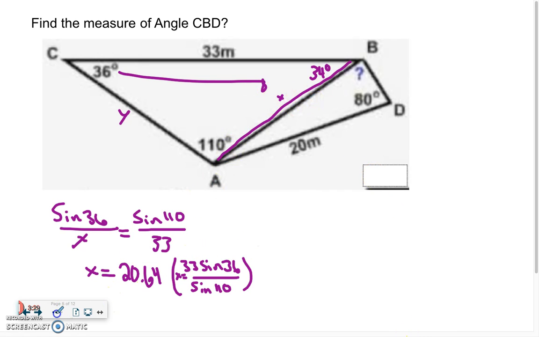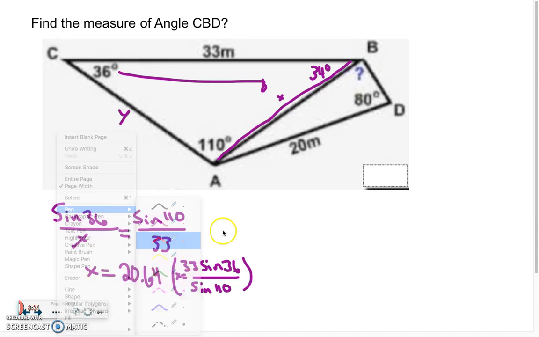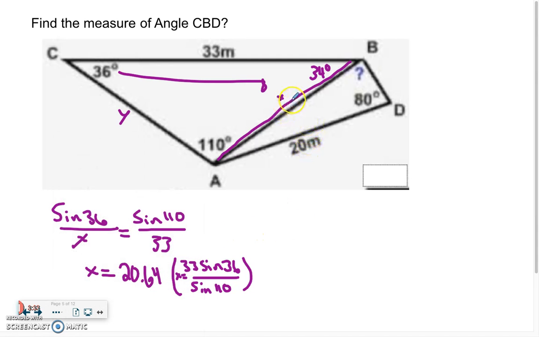And then what happens is now that x value has turned into our important information, because now we can get 20.64, which is the side length across from 80, so we've now created an angle and a side that match up. So we're given law of sines, we're given an angle, a side, and a side.